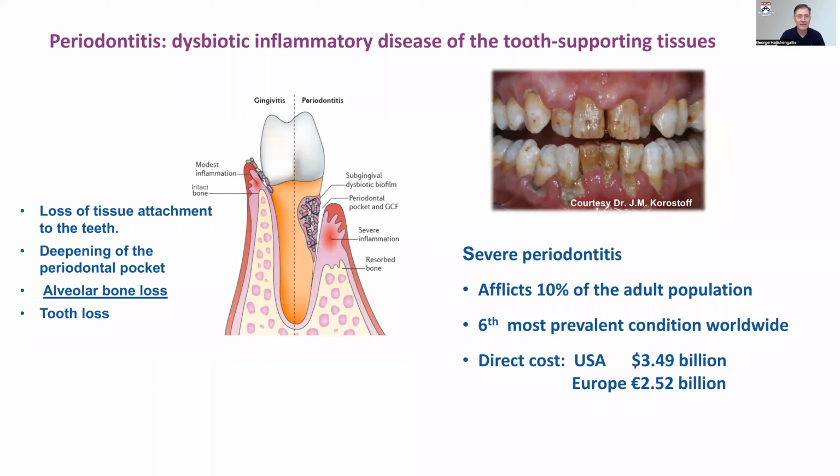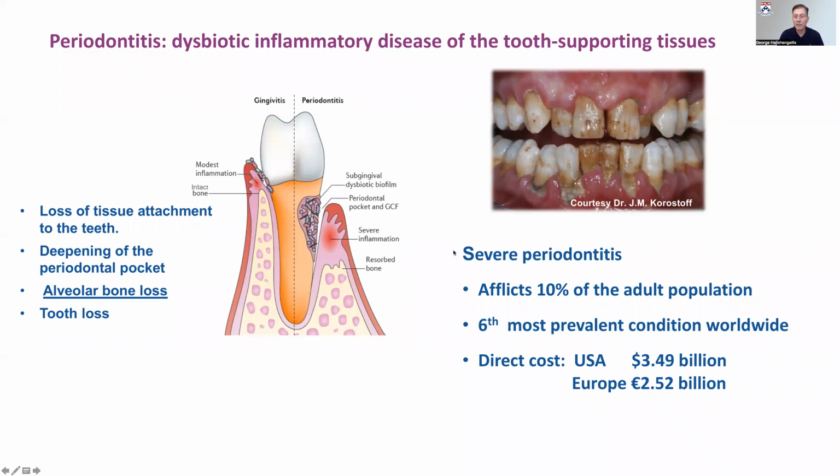So periodontal disease is a dysbiotic inflammatory disease that affects the tissues that surround and support the teeth. With periodontal disease, there is a loss of tissue attachment to the teeth. There is a deepening of the periodontal pocket, and the hallmark is the loss of alveolar bone, the bone that supports the teeth, and this might lead to tooth loss.